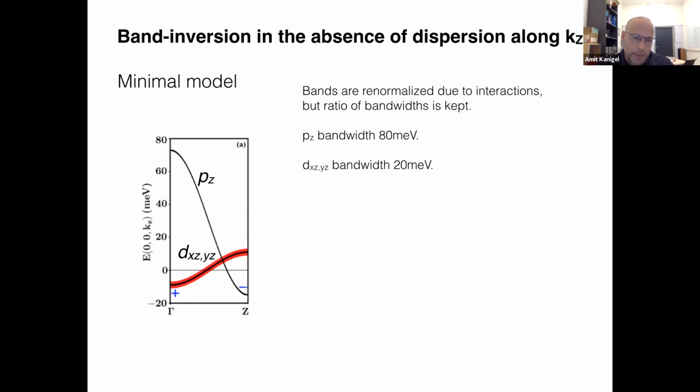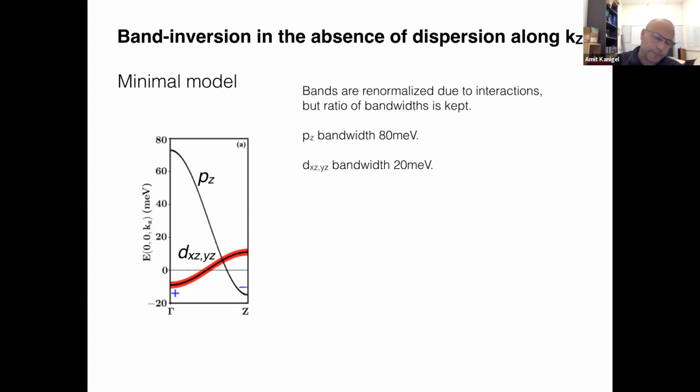But we are trying to keep the ratio of the bandwidths of the pz and the d orbitals as found in the DFT. So assuming that the interactions start by renormalizing the bandwidth in a uniform way, you can think about it in this way.